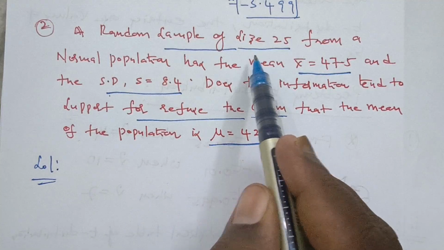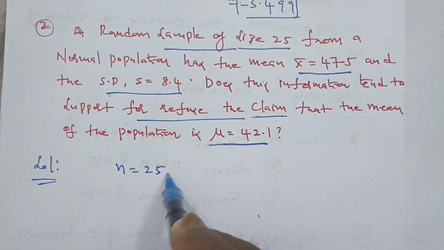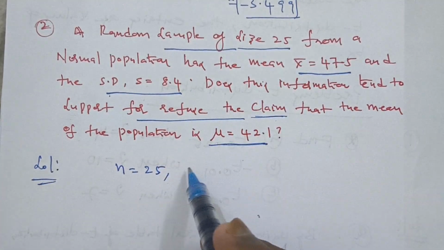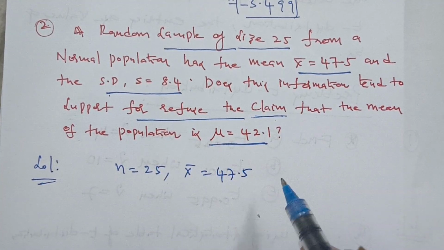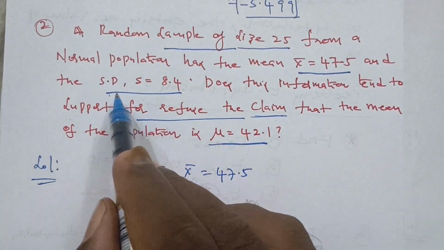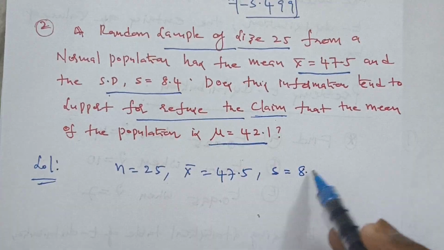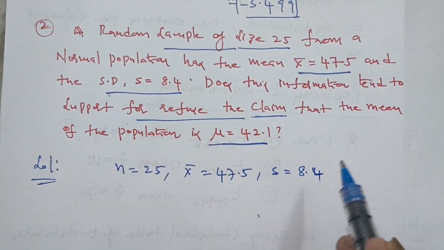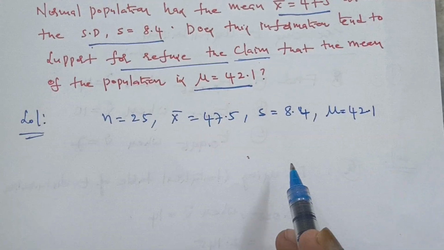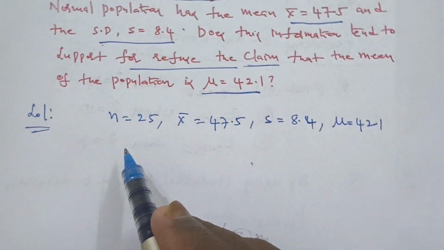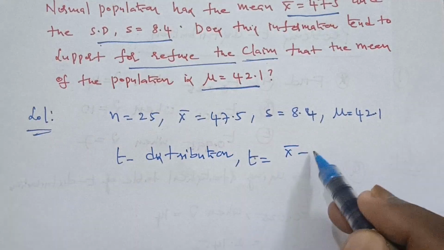Solution. From the given problem we have the data: sample size n equals 25, x bar equals 47.5, standard deviation s equals 8.4, and mu is also given, 42.1. To test this information, we need to depend upon the t distribution.